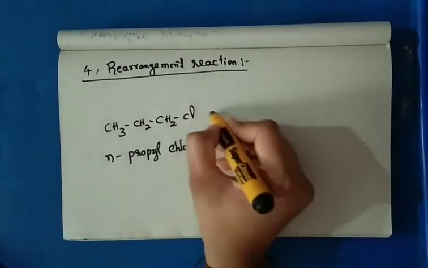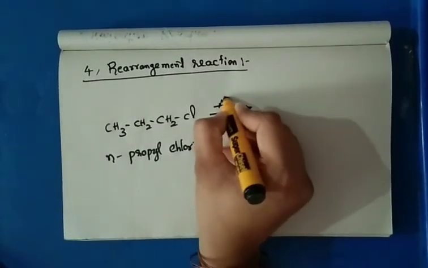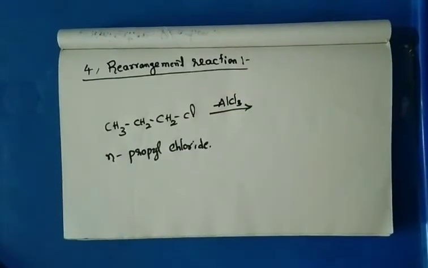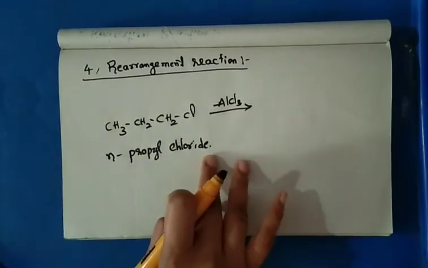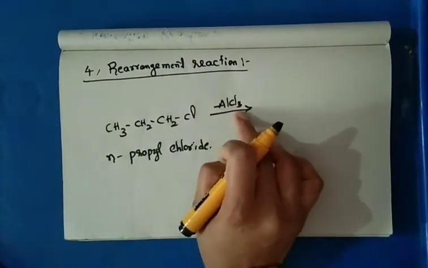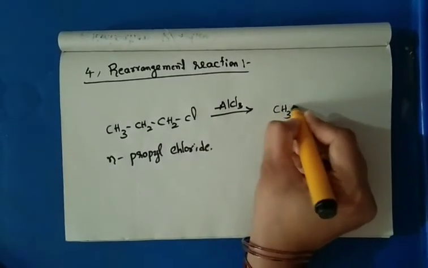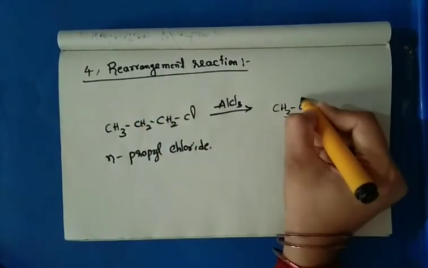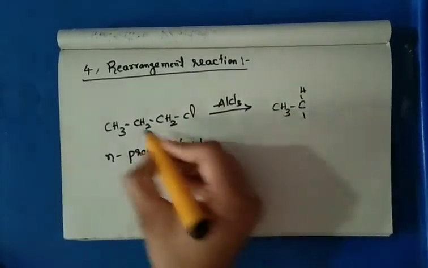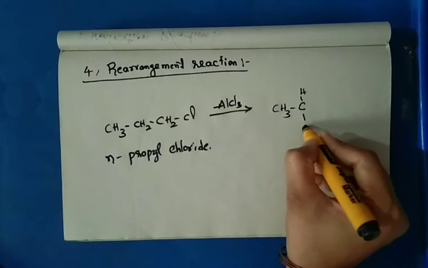N-propyl chloride in the presence of aluminium chloride forms CH3, C, with one H rearranged, and Cl, the remaining CH2 combining to form CH3.